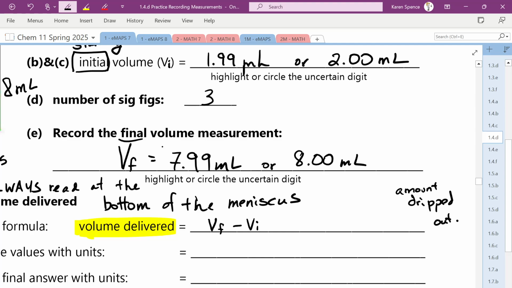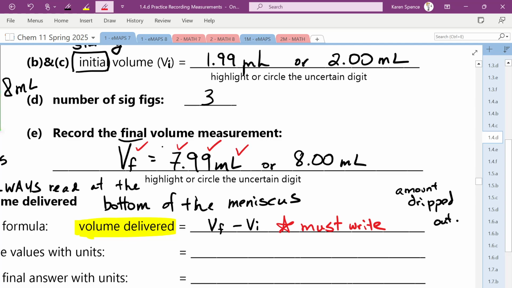You have to write this. Remember, when I'm marking you, you get a mark for the volume, for having the correct number of sig figs, and for having the units.